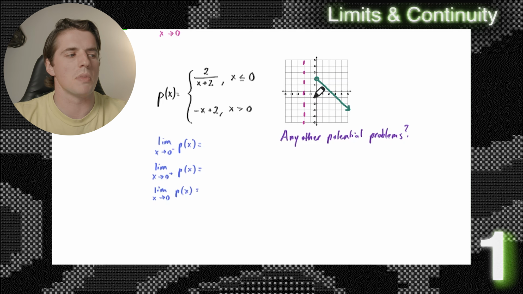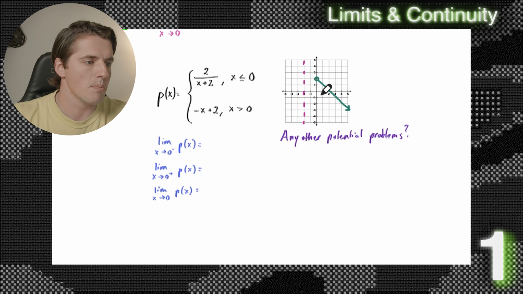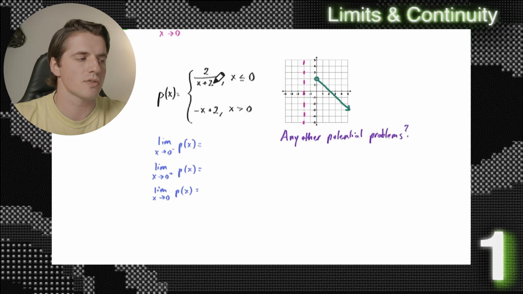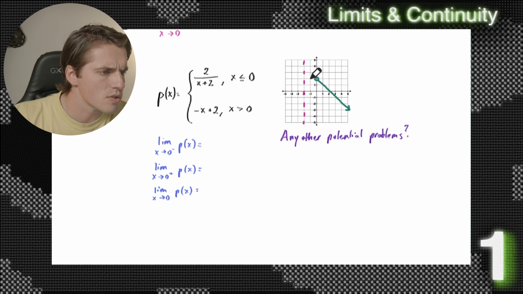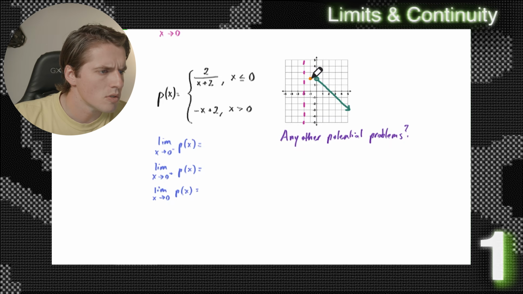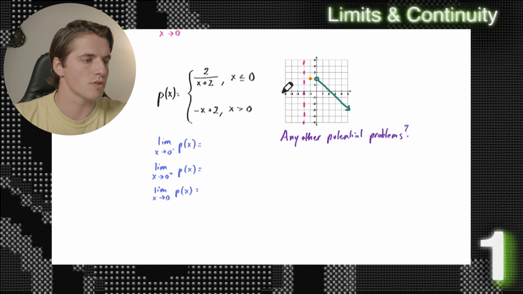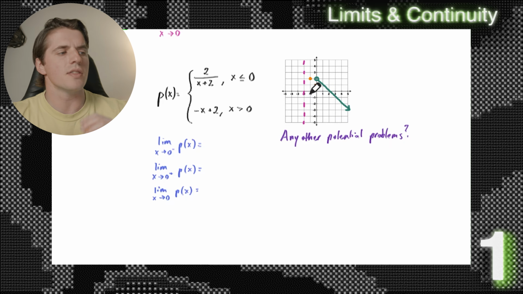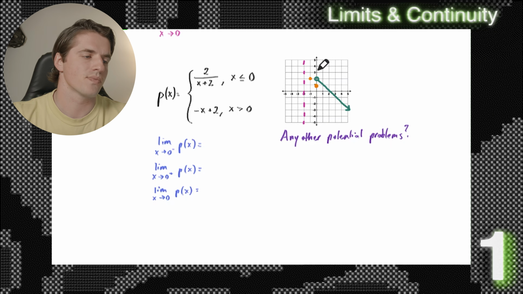And then if we were to maybe pick a point like negative 1, we would have 2 over negative 1 plus 2, which is 2 over 1. So that's at 2. If we plug in 0 for x, we have 2 over 2 is 1. And this is less than or equal to 0, so this is a filled-in circle.